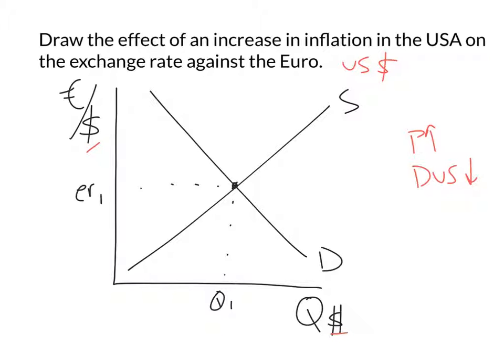So in the foreign exchange market, we're talking about the demand for the U.S. dollar would also fall because the prices are relatively higher in the U.S., so the Europeans will find them less enticing and buy less goods, thus need less dollars in order to buy less goods. So very simply, because of that increase in inflation, the demand for the dollar falls, causing the exchange rate to decrease and the amount of dollars traded to decrease as well.